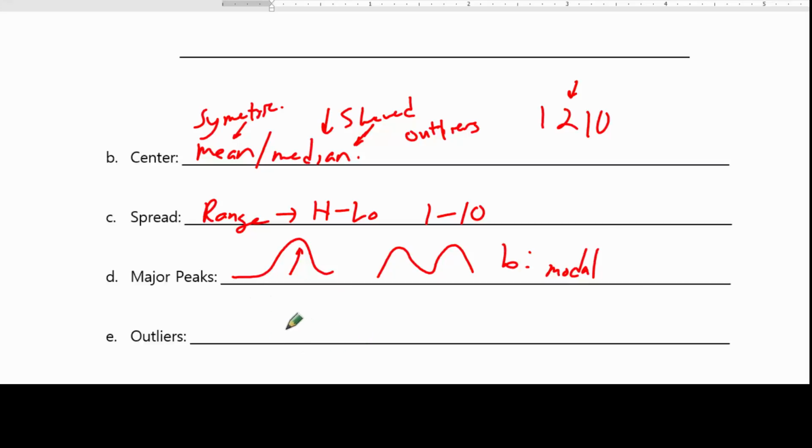And then always mention your outliers. There's going to be a rule for outliers later on, but if something looks like an outlier, like you have a little bump somewhere later on, you want to mention that. The whole idea of describing a distribution is you're supposed to talk about everything that's important. If you had numbers like 1 through 10, and all of a sudden there was a 30, where the 30 becomes an actual outlier, you usually should mention it, because that would be the most interesting thing on your graph.